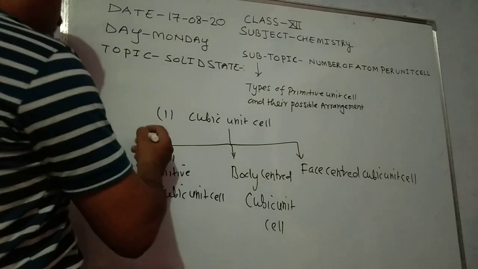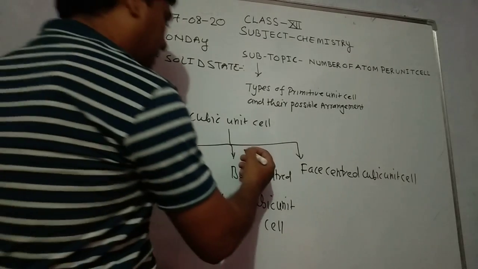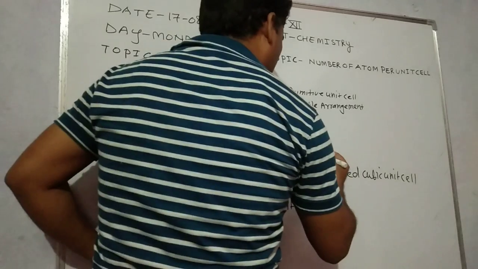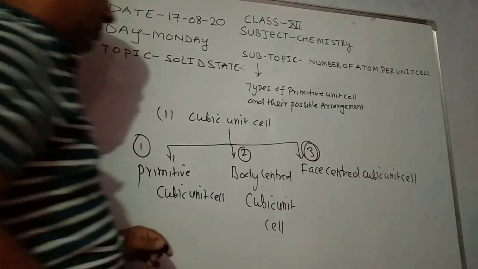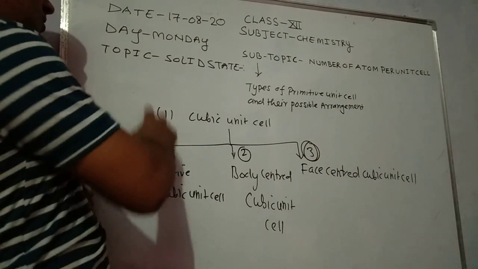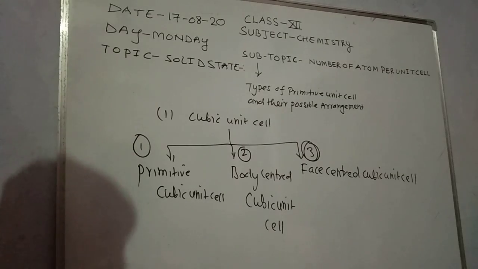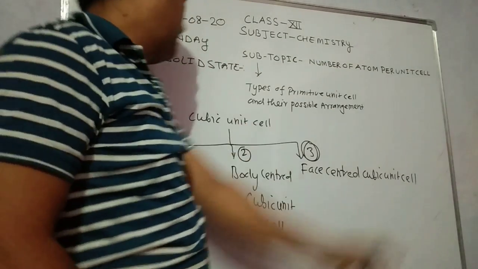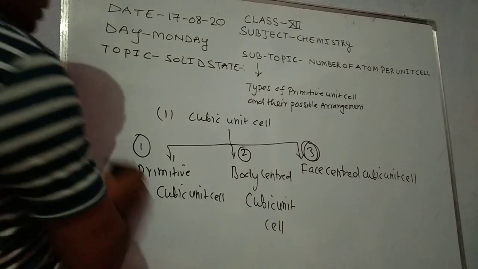First one is primitive cubic unit cell, second one is body centered cubic unit cell, and third one is face centered cubic unit cell. I am going to discuss one by one. That is how to calculate number of atom per unit cell, that is in primitive cubic unit cell.